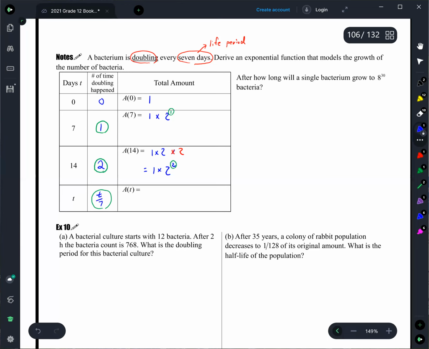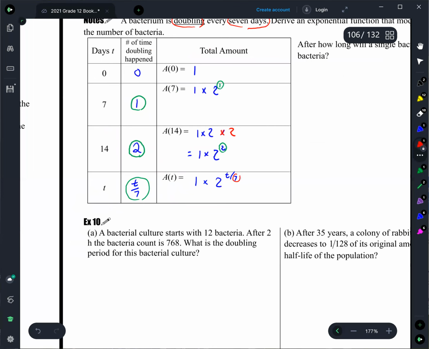So you need to figure out how many 7s there are. If they say the life period is 2 days, then you need to divide by 2, depending on the question. So we get our 1 times 2 to the t over 7. This 7 is called the life period.